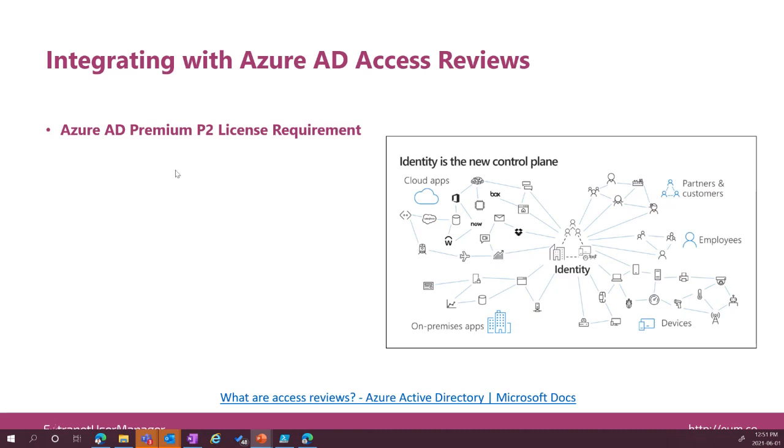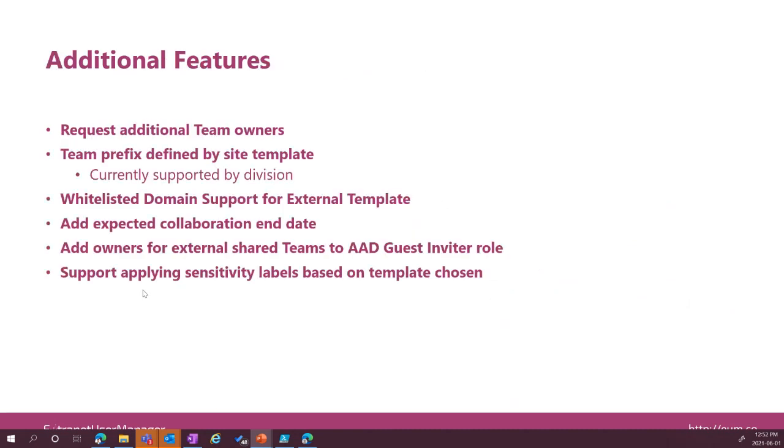So that's another piece that we're looking at, to add some customizations to wire in through the Graph the setting up of those access reviews. A bunch of other features that we're working on for different clients. A fairly simple one that, honestly, we should have had way back, which is just the ability to request additional team owners.